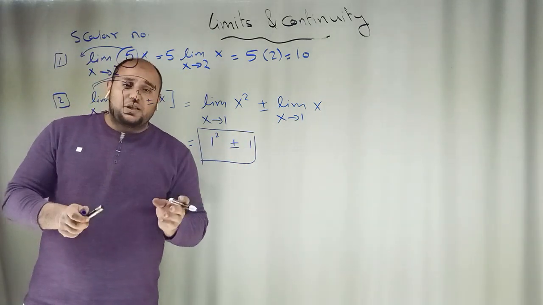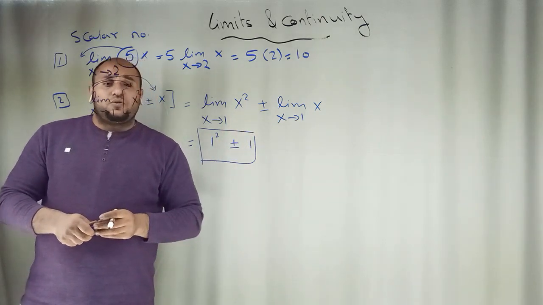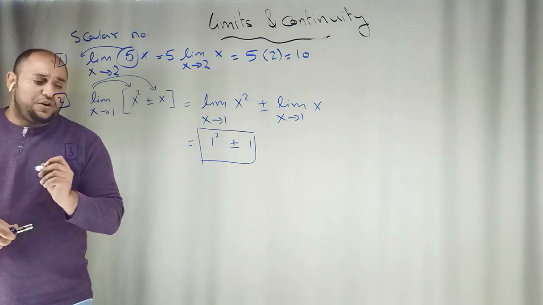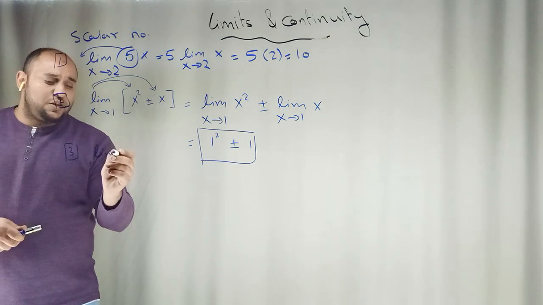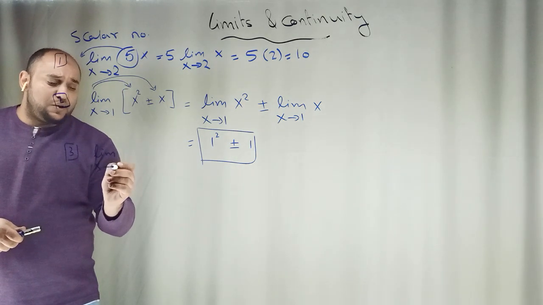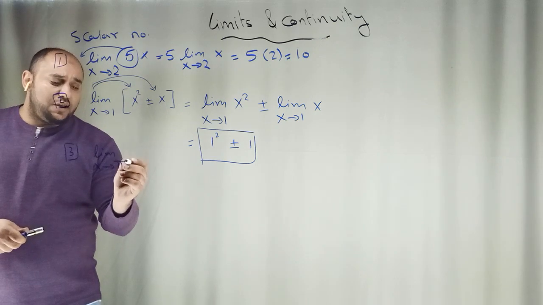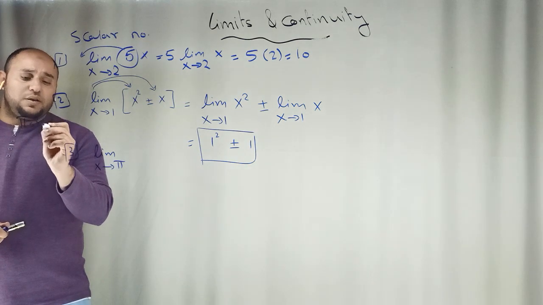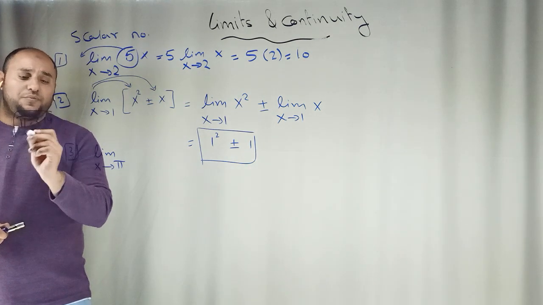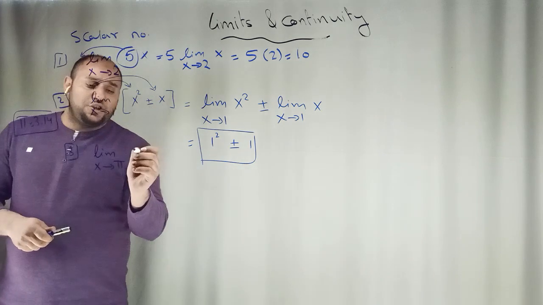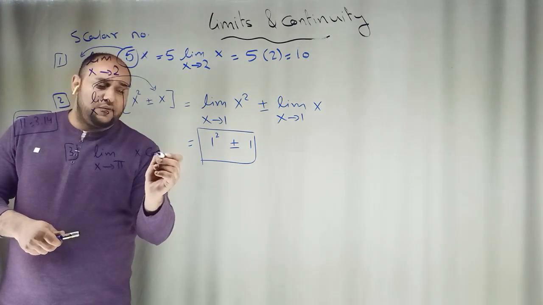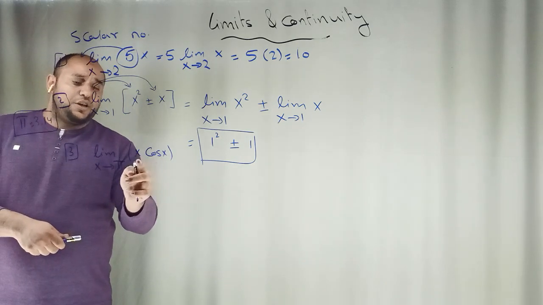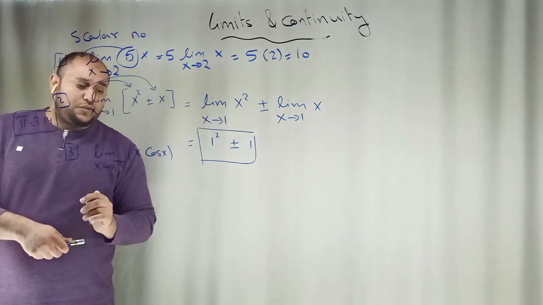This example is just an explanation for these basic rules. I have the third one with multiplication. If I give you x approaching pi, pi is always 3.14. For this trigonometric function, x cosine x, I have two functions multiplying each other.